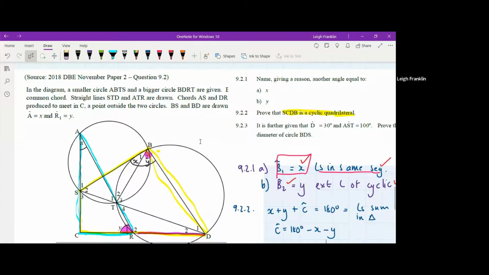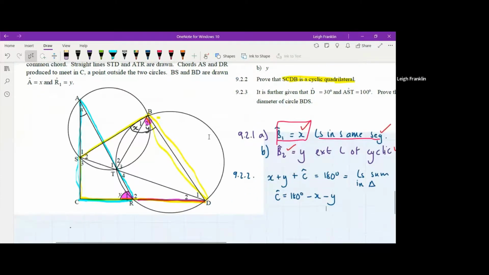What else have they given us? I'm sure it's because these two have to add up to 180 degrees. Wow, okay, that's exactly it. So C is equal to 180 minus X minus Y. I've made C the subject of the formula.